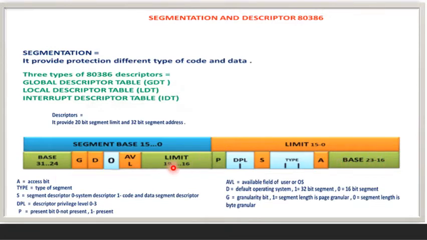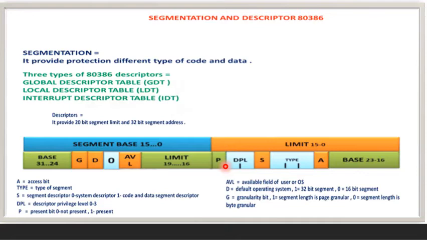Then the limit. This limit is nothing but the length of the segment. P is the present bit. When P is equal to 1, the descriptor is present.